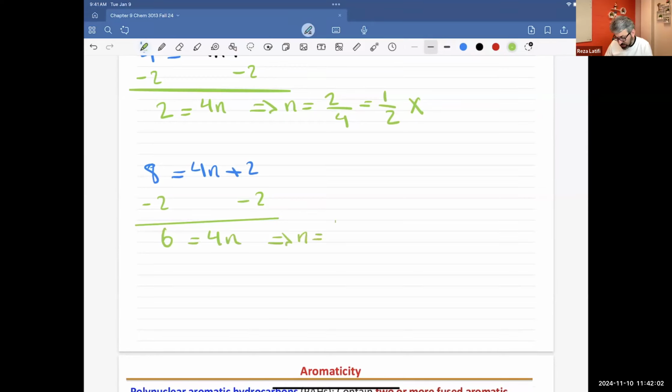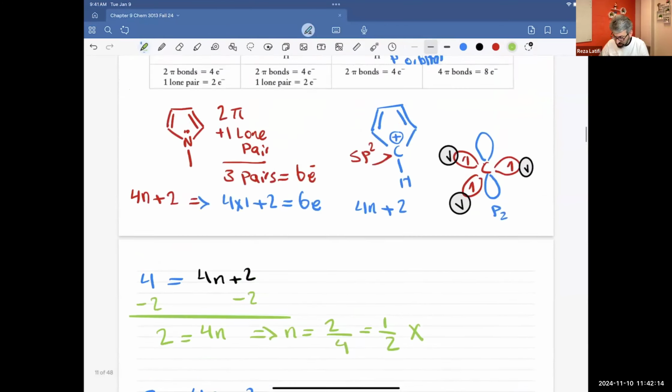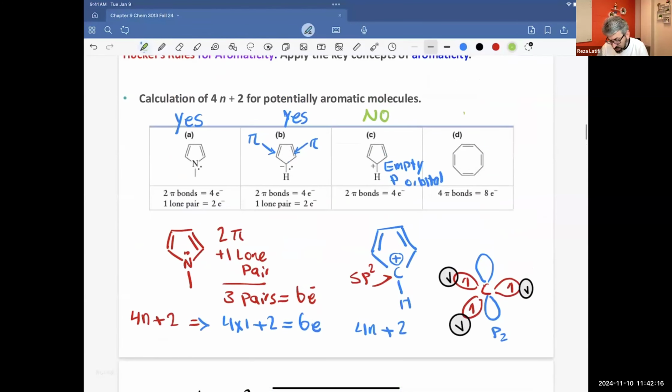It will be 6 divided by 4. Divide both by 2, that's going to be 3 over 2. So 1.5. Again, this one is not aromatic because n is a fractional number. So the answer for this one will be no. So I got 2 species aromatic, and 2 of them are non-aromatic.